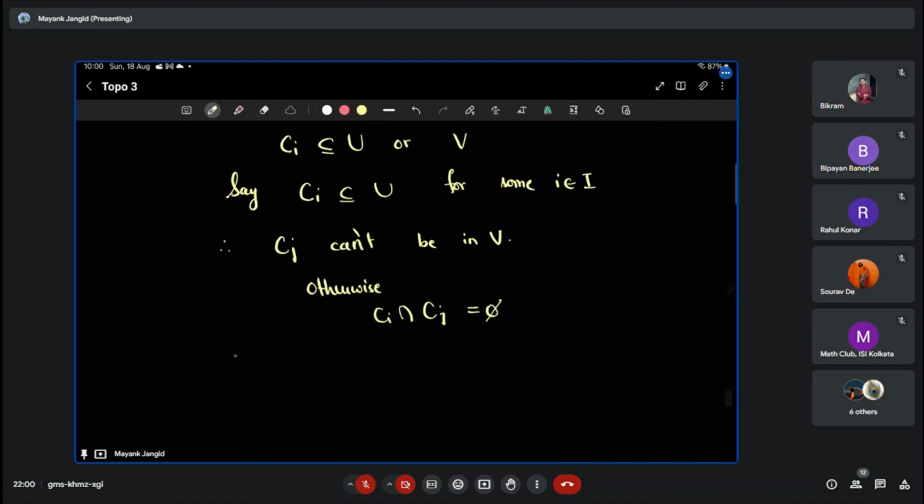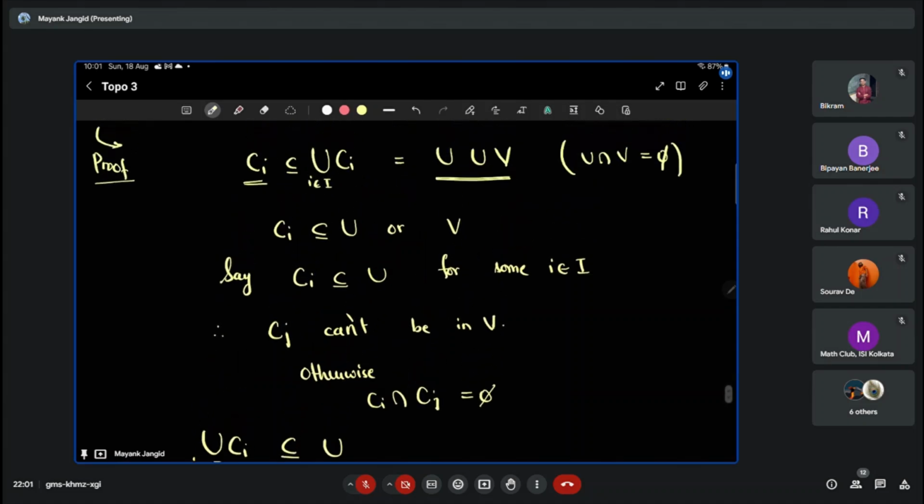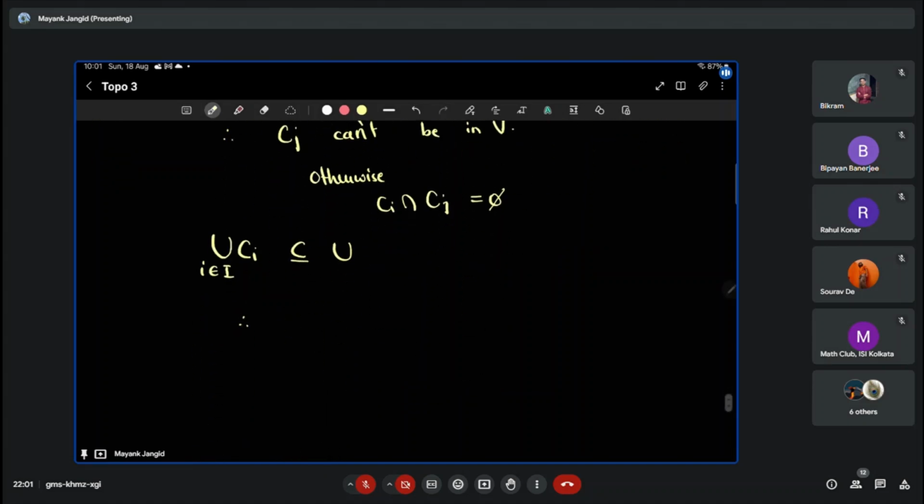Therefore, the union of the Ci is contained; all of them must lie entirely in U. So we can't have any disconnection. Therefore, the proof is done. This is connected.